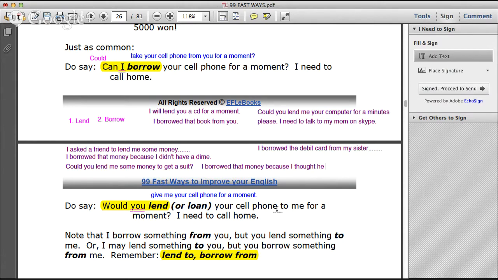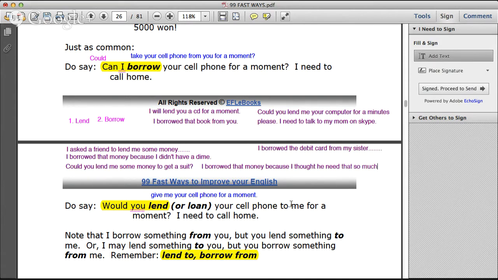What did he need so much? Because you're saying that, but what does that refer to? Money. So, I borrowed that money because I thought he needed that money so much.